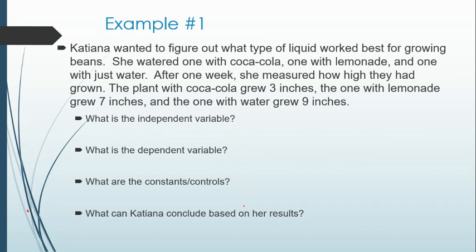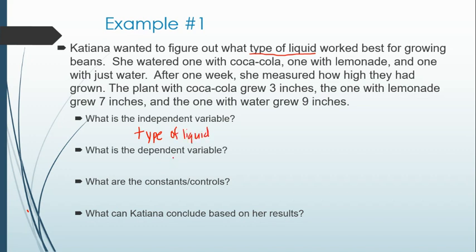So hopefully you had luck at identifying which one is which. First, we're going to look at the independent variable. Remember, this is what she is changing. So she is actually changing the type of liquid. Notice she used Coca-Cola, lemonade, and water. So she is manipulating or causing this to change. So type of liquid.